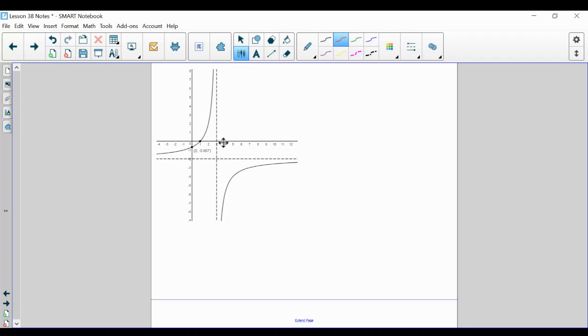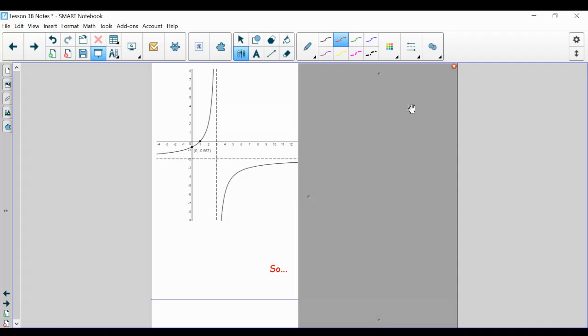All right, x-intercept here at +1, y-intercept at -2/3, so -0.6 repeating. We have a horizontal asymptote here at -2. Vertical asymptote here at 3. All right, so let's work this one step by step here.